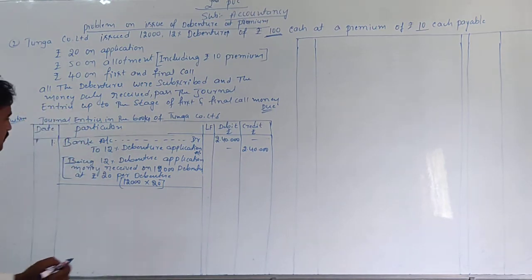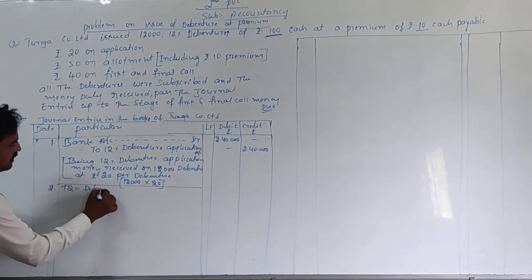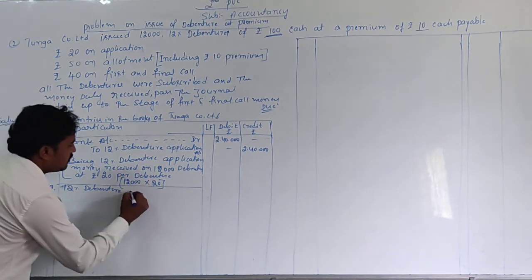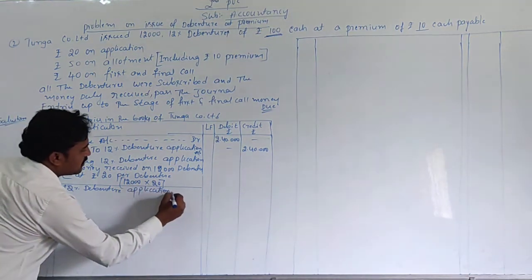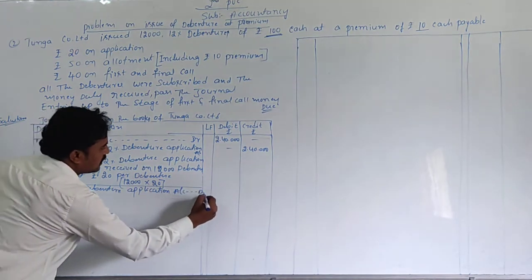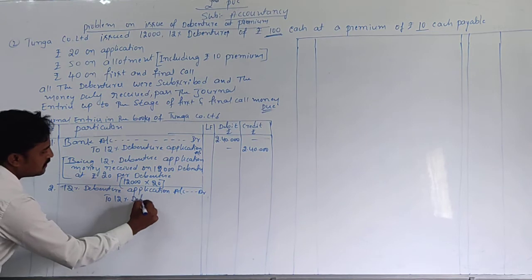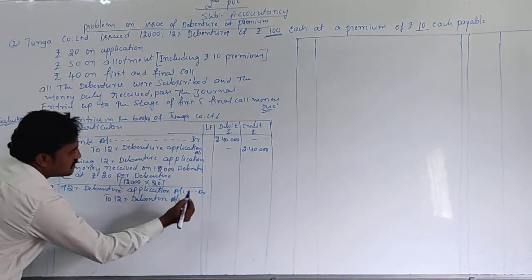Next, for transfer: 12% debenture application account debit to 12% debenture account.